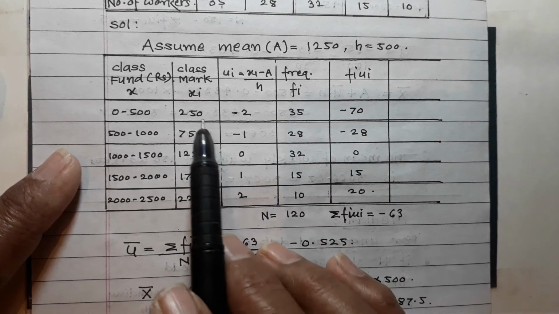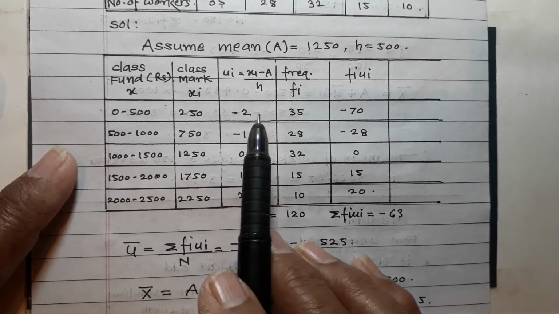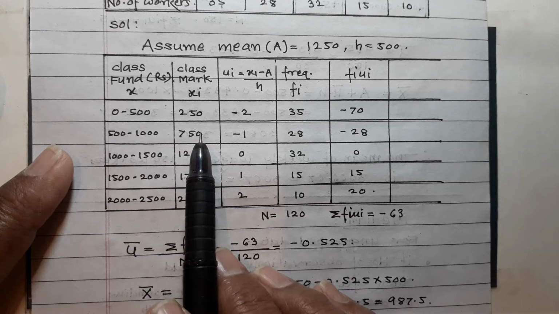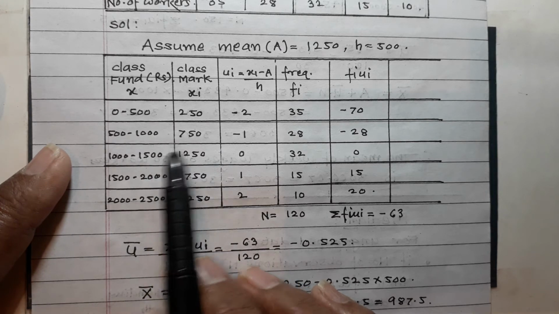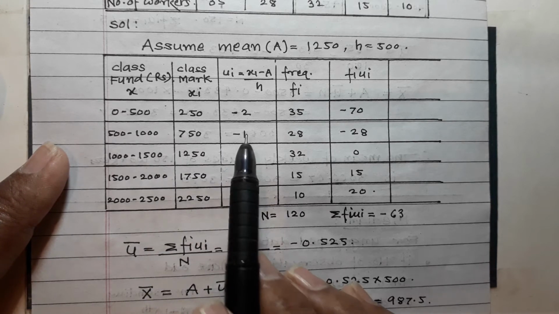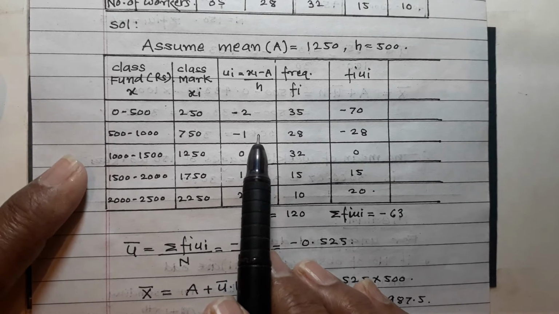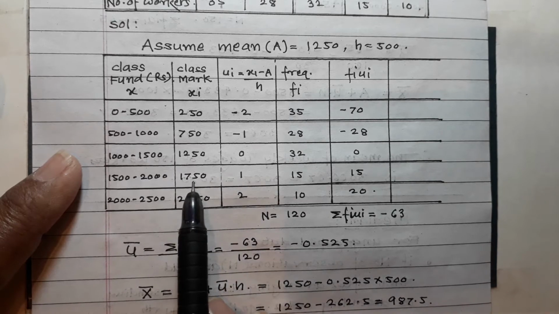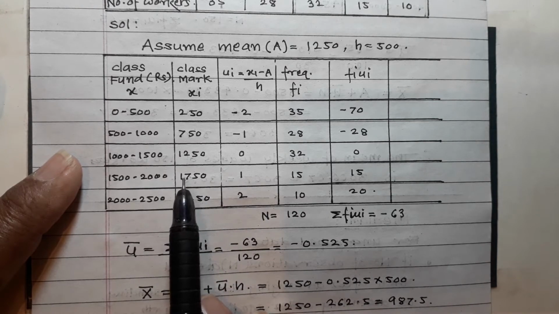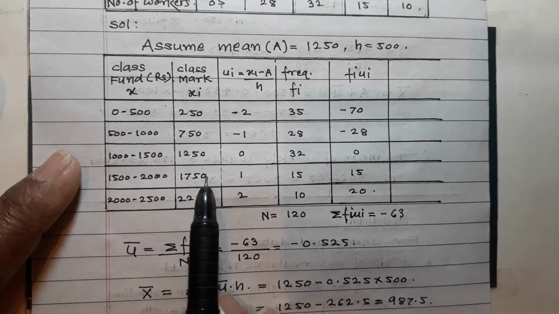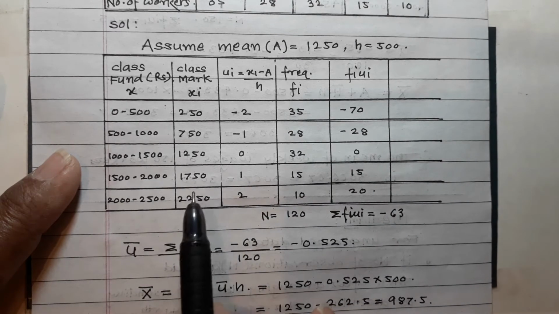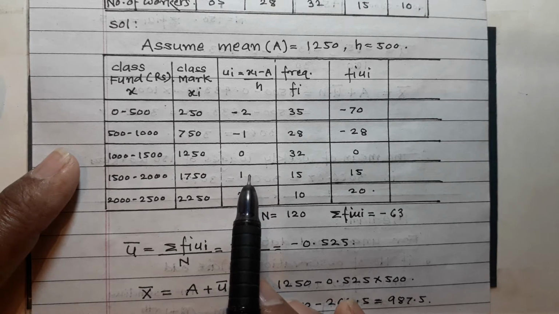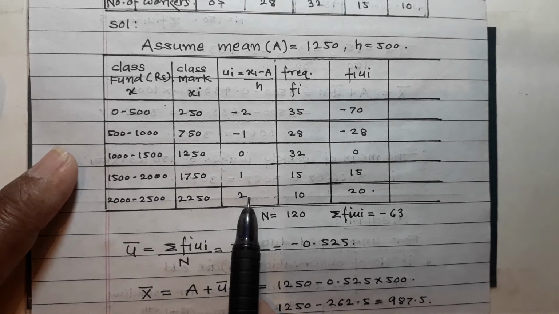If you simplify this, you will get minus 2. Then 750 minus 1250 upon 500 gives you minus 1. Then this is equal to 0. Then 1750 minus 1250 upon 500 gives you 1. And this is 2.